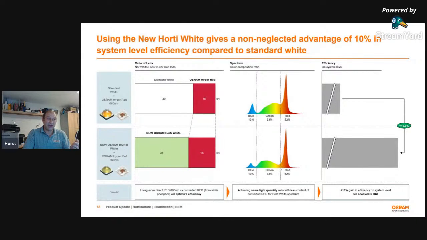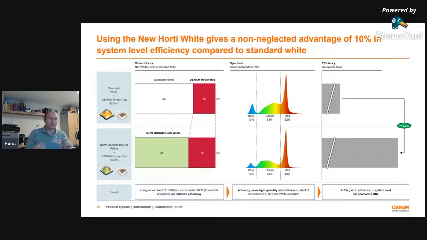To compensate for this lack in the reddish area, we just boost up the hyper red LED a little bit more. And the hyper red LED is our efficiency booster. If we look at the efficiency of the standard white LED and the Horti white LED in terms of micromole per joule, they are not much different.